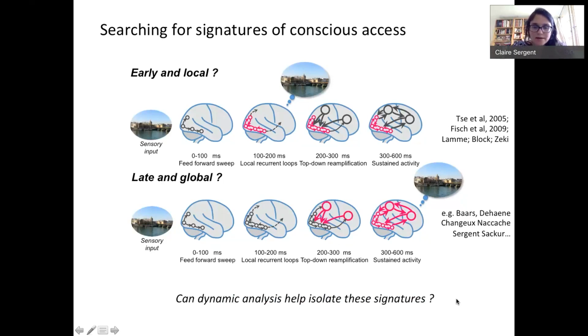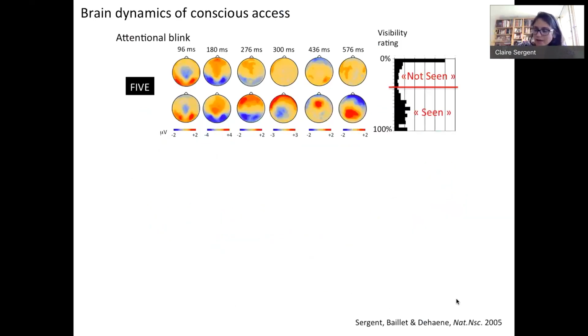So why do we think that? Well, maybe I'll go back a few years. An initial study we did in attentional blink, where we found very specific dynamics associated with conscious access. I won't explain the details of the attentional blink.